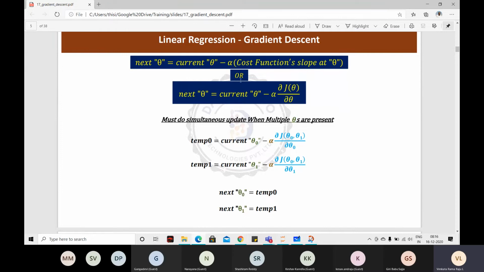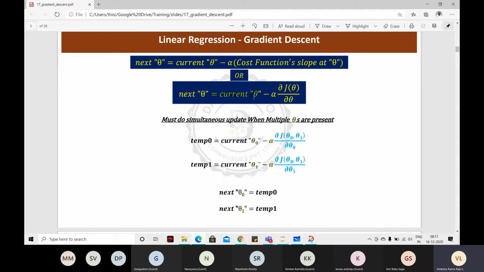Or current theta minus alpha into the partial derivative, dou j theta by dou theta. Do you remember derivatives? I'll anyway reiterate derivatives and calculus a little bit, but you remember, right?